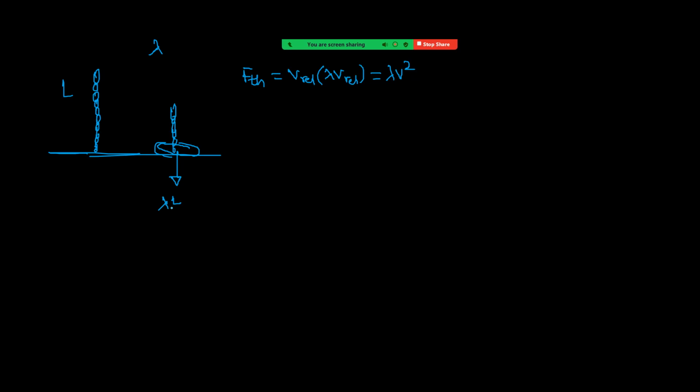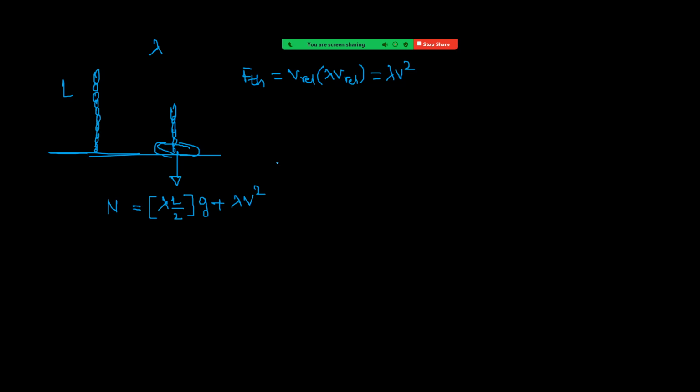Lambda, half part on the table. So lambda L by 2, that is the mass on the table, into G, mg, plus thrust force. Thrust force is lambda V square. This force is equal to the normal reaction by the table on the chain, which equals the weight of the chain on the table plus thrust force.